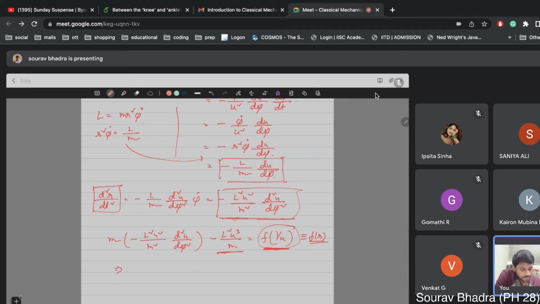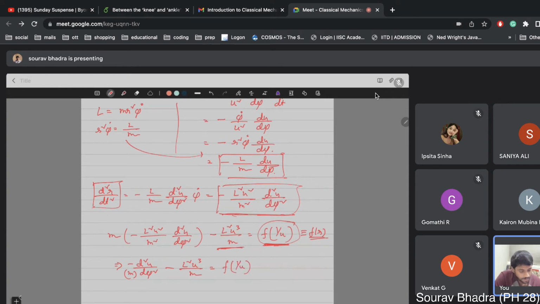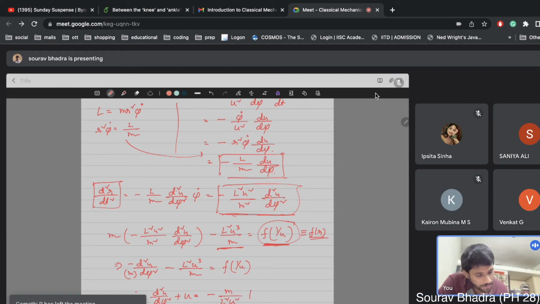So if you do this, you will get an equation, 1 by m will be here and minus L square u cube by m, f of 1 by u. That means d2u d phi square plus u is equal to minus m by L square u square f of 1 by u.